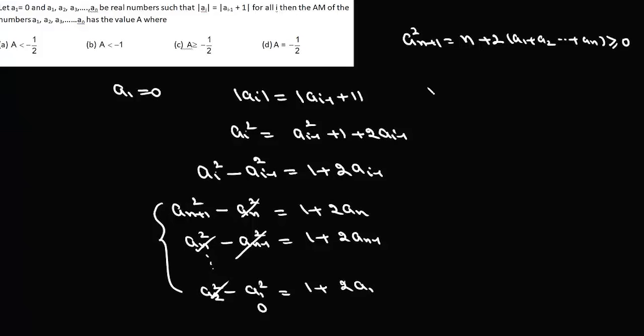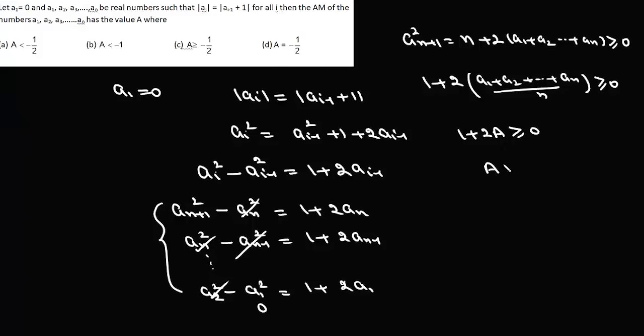Now if we divide everything by n, we can write 1 plus 2 into (A1 plus A2 plus up to An) by n is greater than or equal to 0. This is nothing but the arithmetic mean of these values, a. So we'll get 1 plus 2a is greater than or equal to 0, or a is greater than or equal to minus 1 by 2, and that's your option C.